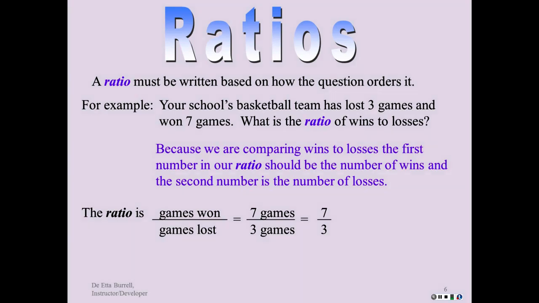The question is, what is the ratio of wins to losses? Because you're comparing the wins to the losses, you need to write the wins first in your ratio. So focus on the question so you know how to write your ratio. The games that they won was 7, and the games that they lost was 3. So your ratio will be 7 to 3.